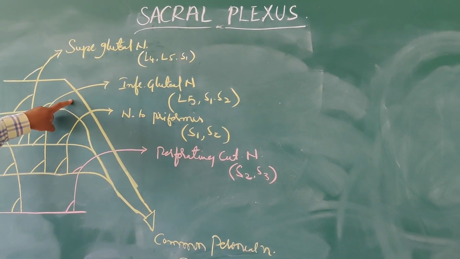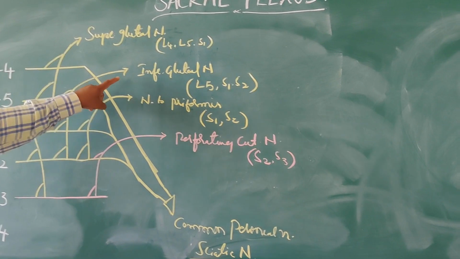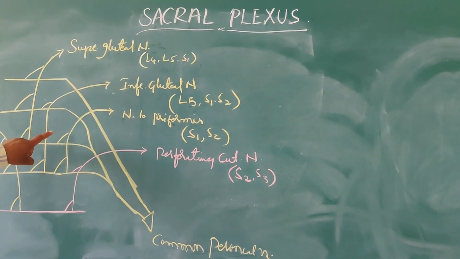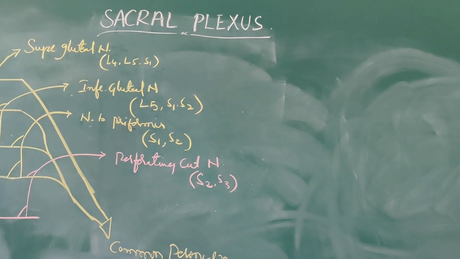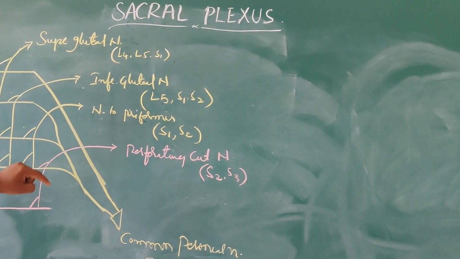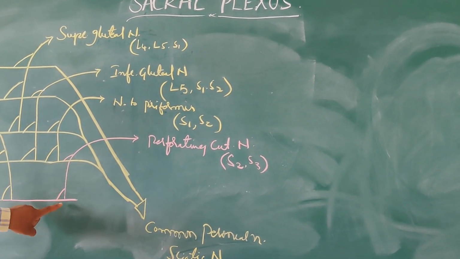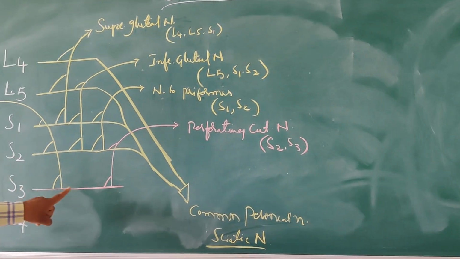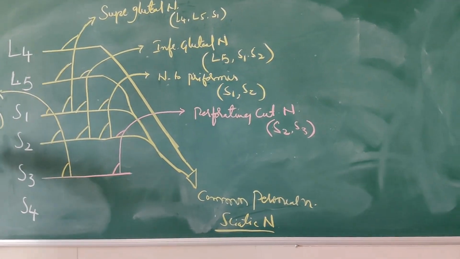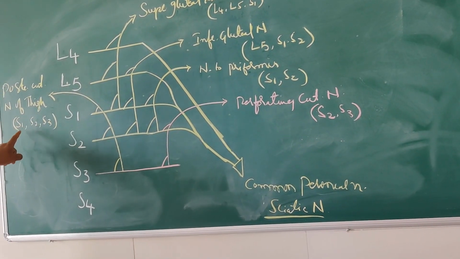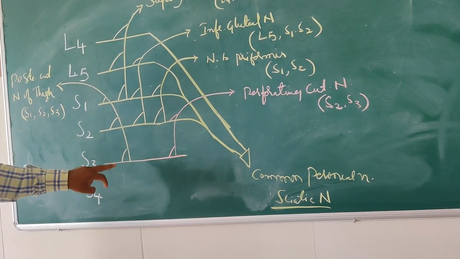Posterior divisions of L5, S1 and S2 form the inferior gluteal nerve. Posterior divisions of S1 and S2 form the nerve to piriformis. The perforating cutaneous nerve arises from S2 and S3. S3 does not divide into anterior and posterior divisions; you have to remember that. The last one, the posterior cutaneous nerve of thigh, arises from posterior divisions of S1, S2 and S3.